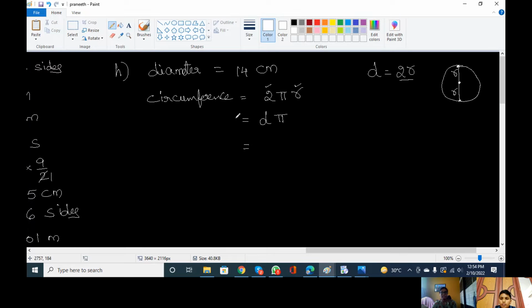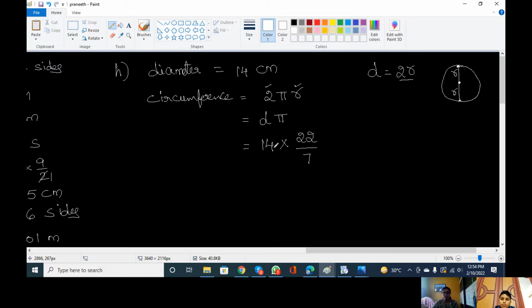Okay? Okay. So D is here 14. And what is the pi value, constant value? It's a 22 by 7. 22 by 7. It's a fraction. Otherwise, decimal also there, but it is not used in the 7th grade now.